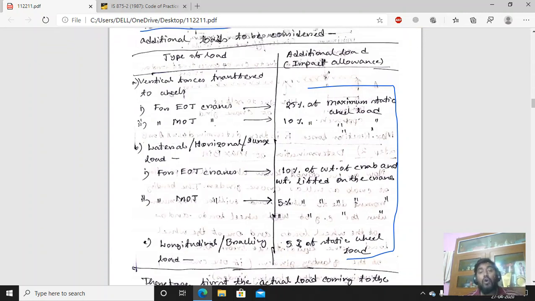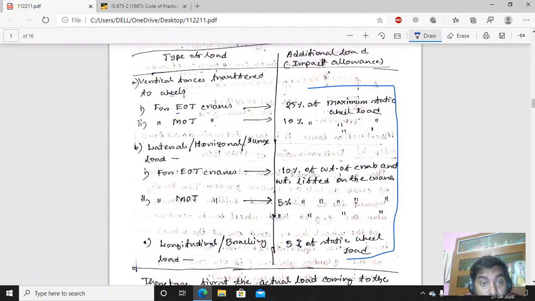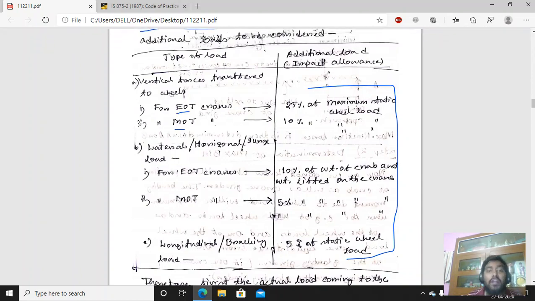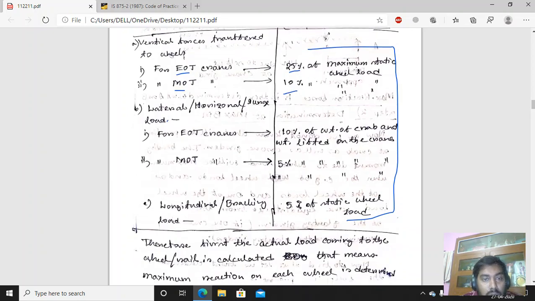For vertical load, depending on the type of the crane, EOT or MOT, that means electrically operated or manually operated crane, we have to assume an extra amount of load due to this type of impact effect. For vertical as well as for the lateral and horizontal cases, we have to assume this amount of load.